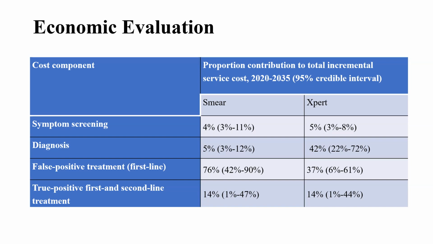As shown, sensitivity analyses were performed to assess the impact of their assumptions, with uncertainty intervals of plus or minus 20% for all the costs. The economic evaluation was done for both smear testing and Xpert testing, where these two were the confirmatory tests.